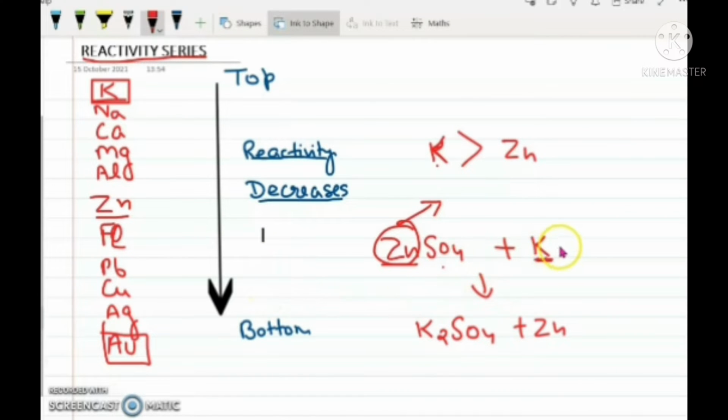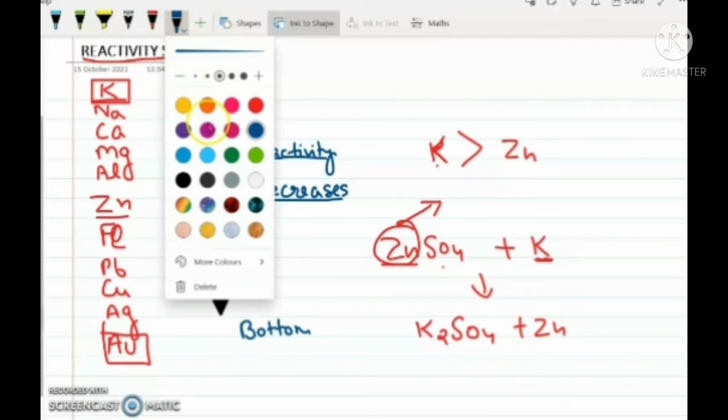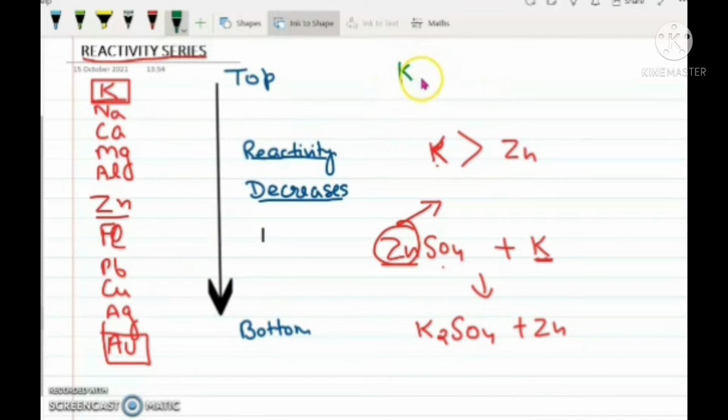So that is what is happening in the displacement reaction. For understanding which among the lot will be displaced, you should learn this reactivity series very nicely. Please also take into account that the vice versa is not possible. If I have a salt of K, and that is reacting with zinc, again compare the series. K is much more reactive as compared to zinc.